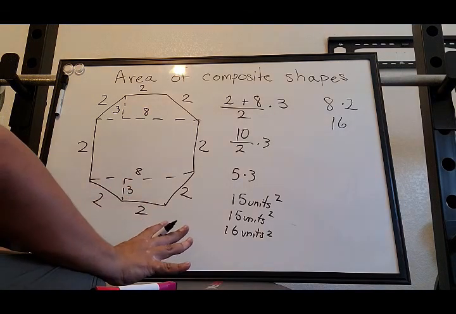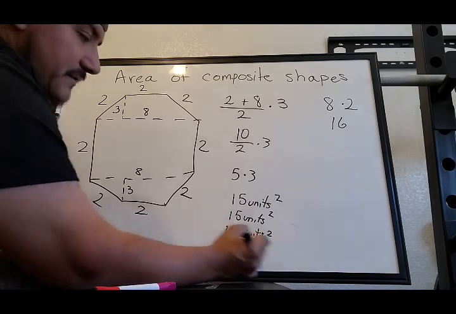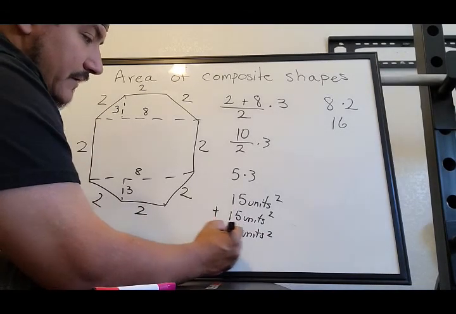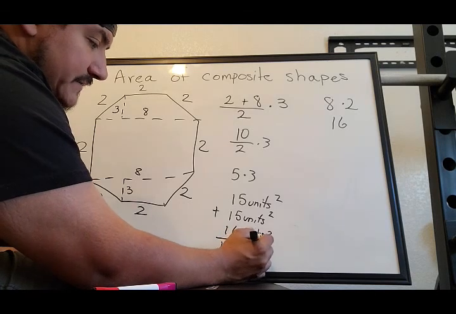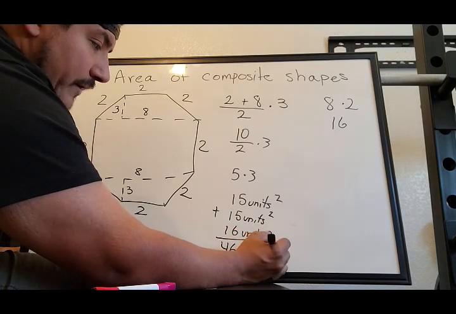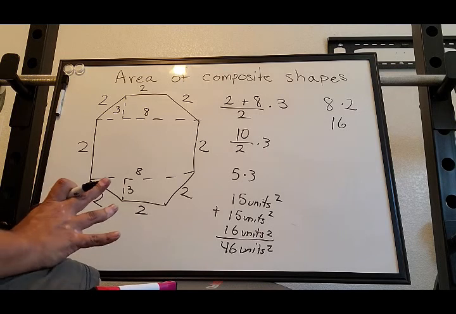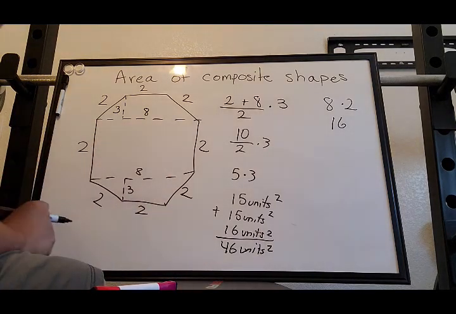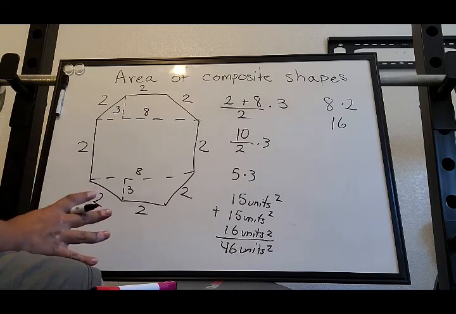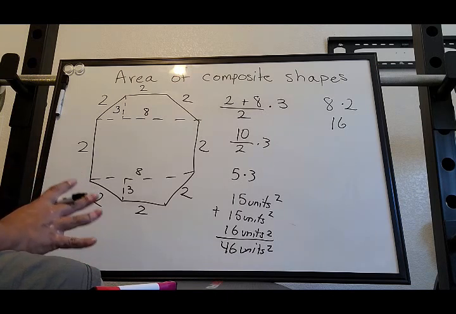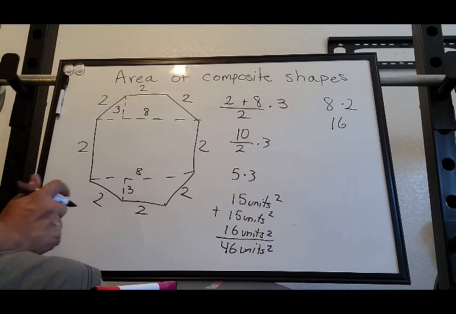Now, this octagon has an area of 46 units squared. But like I said when I started solving this problem, we are trying to find the area of a composite shape by subtracting.